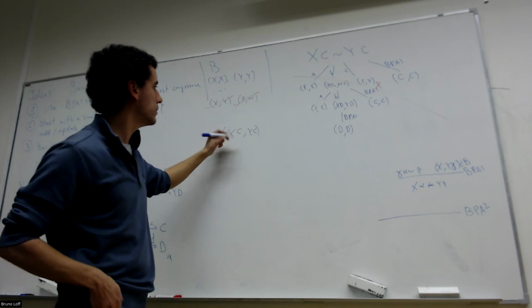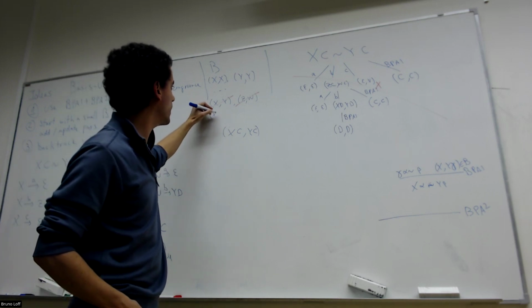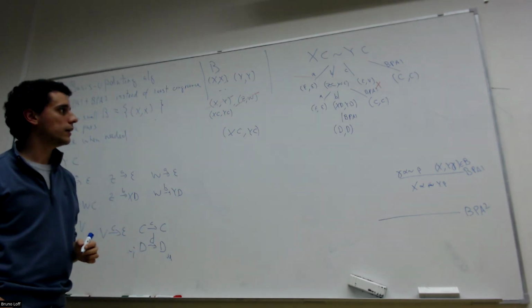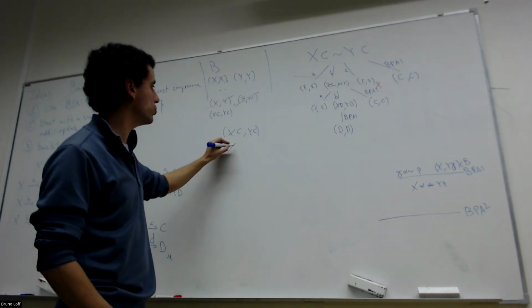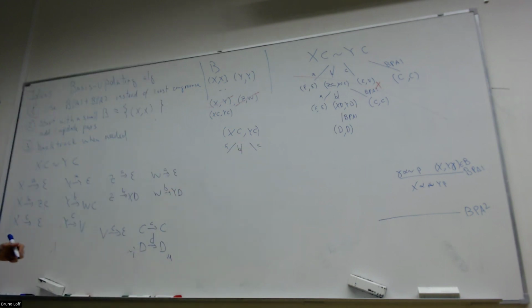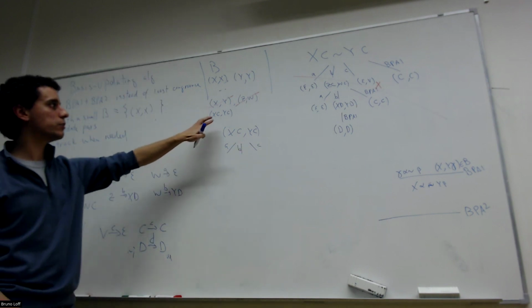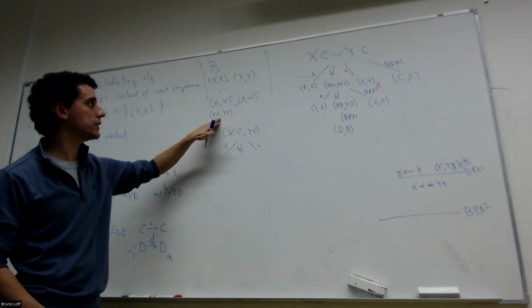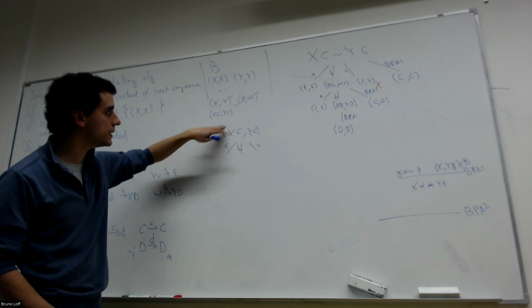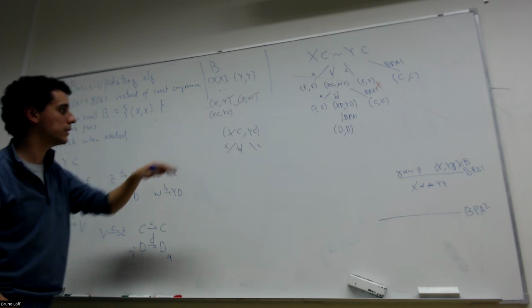Now I go to my basis B and I add XC and YC. And now I just need to do the three transitions, A, B, and C. But now the transitions must be from XC and YC, not from X and Y as in the previous case, because now I'm taking this entire pair in my basis.